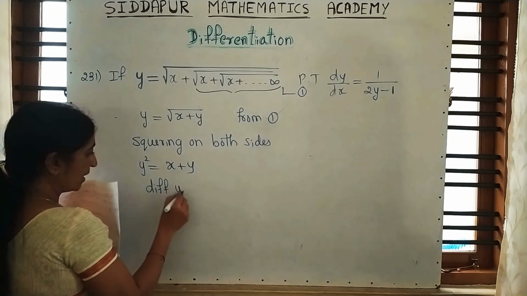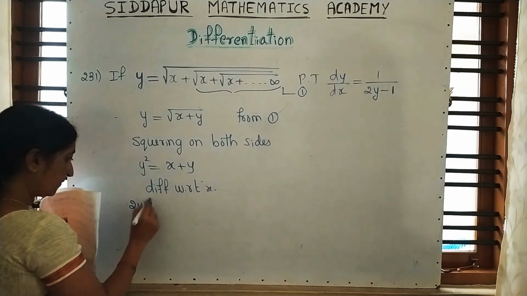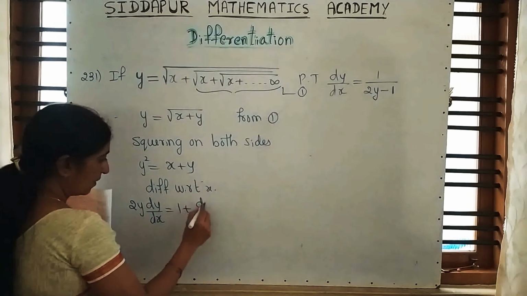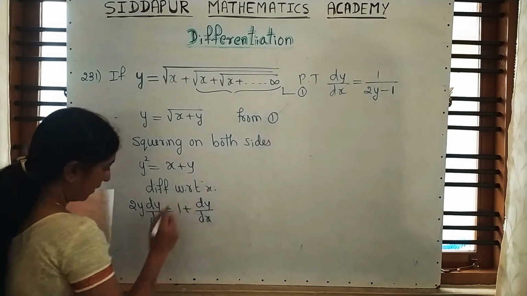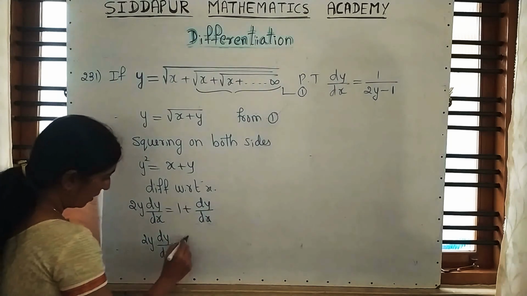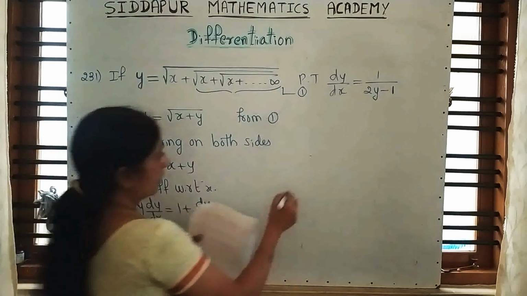Now differentiate with respect to x. Differentiation of y square is 2y dy upon dx, equals, differentiation of x is 1, y is dy upon dx. Write down the terms with dy upon dx on one side. Take dy upon dx common.